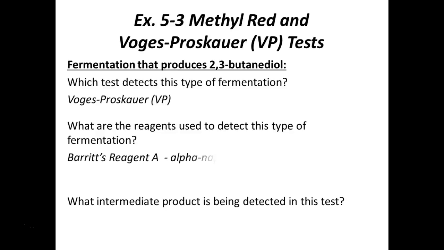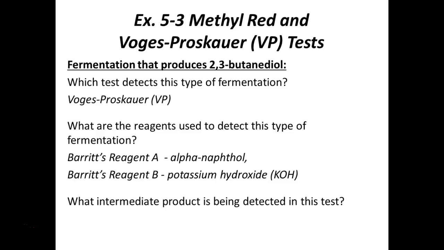We used first Barritt's reagent A, which is alpha-naphthol, and then B, because remember the order matters for these, we used potassium hydroxide. And this is why we needed to wear gloves, because this is a really strong base. You get a chemical burn from it. What did these chemicals interact with?